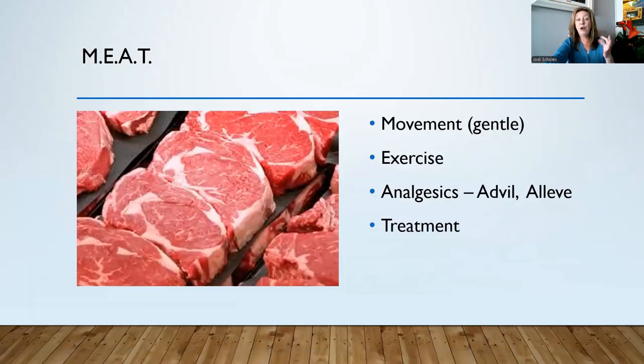So what they're saying now is as long as it's not broken, gentle movement is going to be beneficial for that joint. Gentle movement. Eventually a little bit of exercise. This is for soft tissue injury. You're going to want to use analgesics like Advil, Aleve, Tylenol, aspirin, and then determine the best treatment.